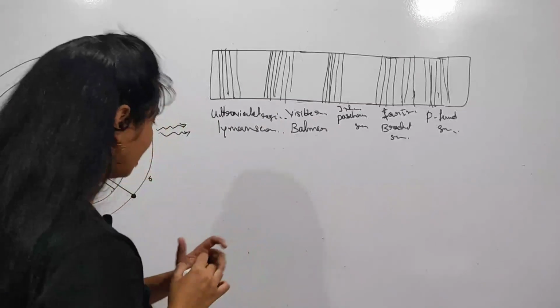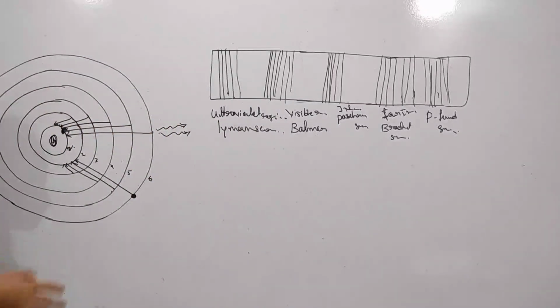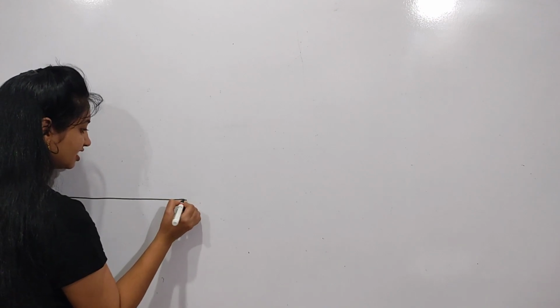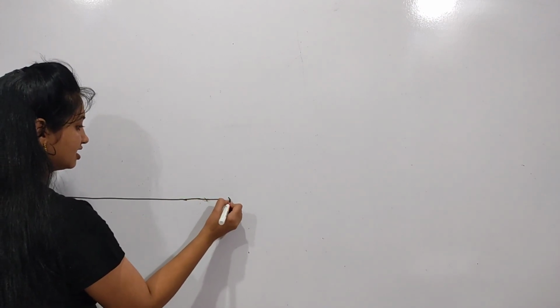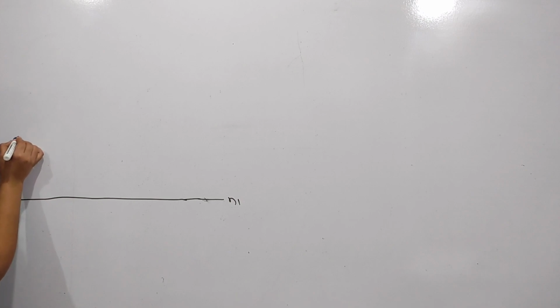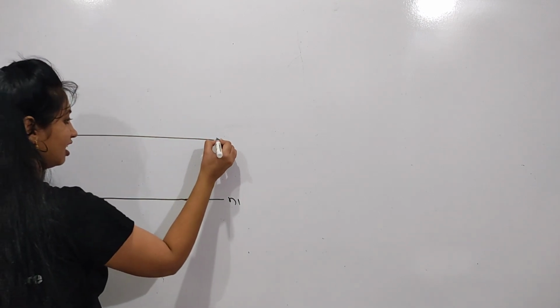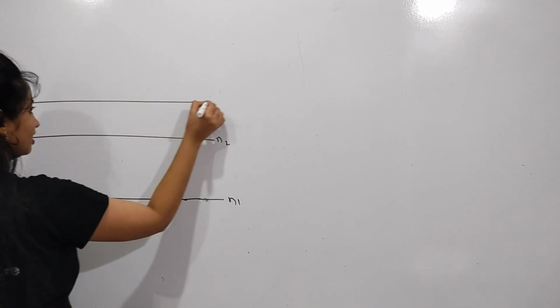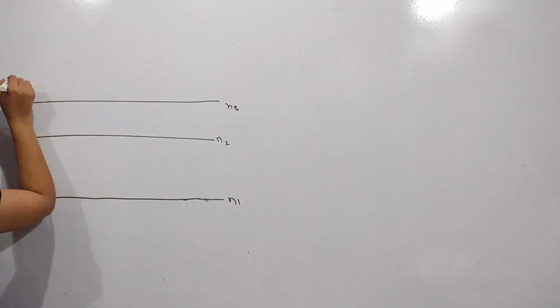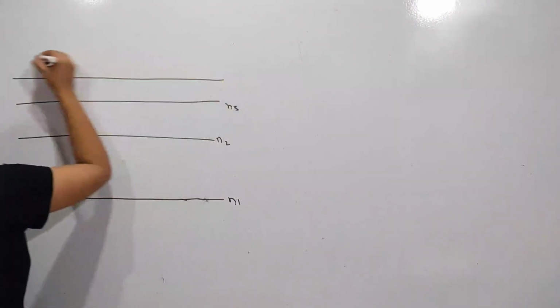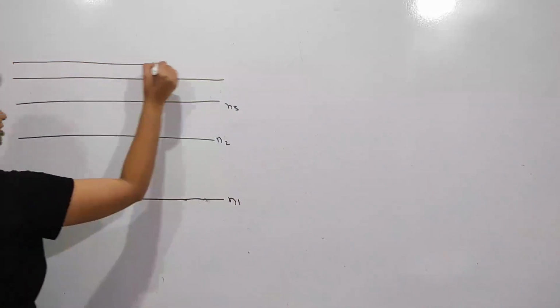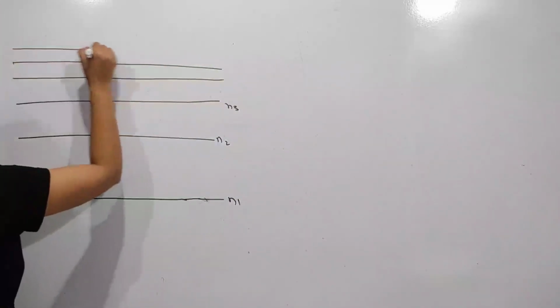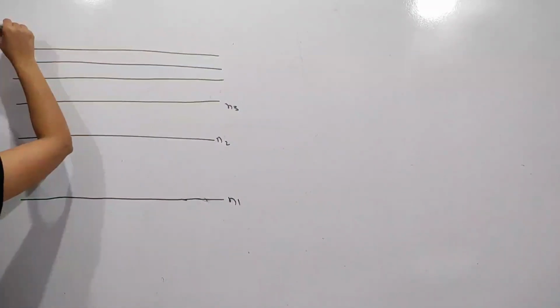So I wish to explain this neatly by the diagram. These are our energy levels. This is our first energy level, n1, then our second energy level n2, third n3, fourth, fifth, sixth, seventh.